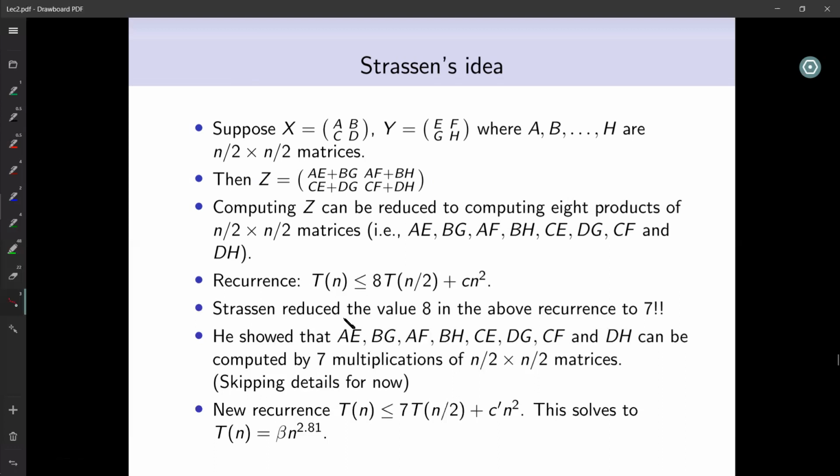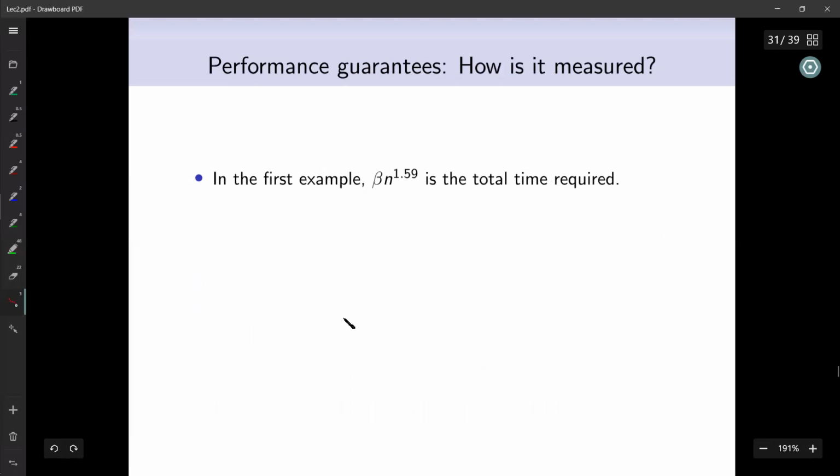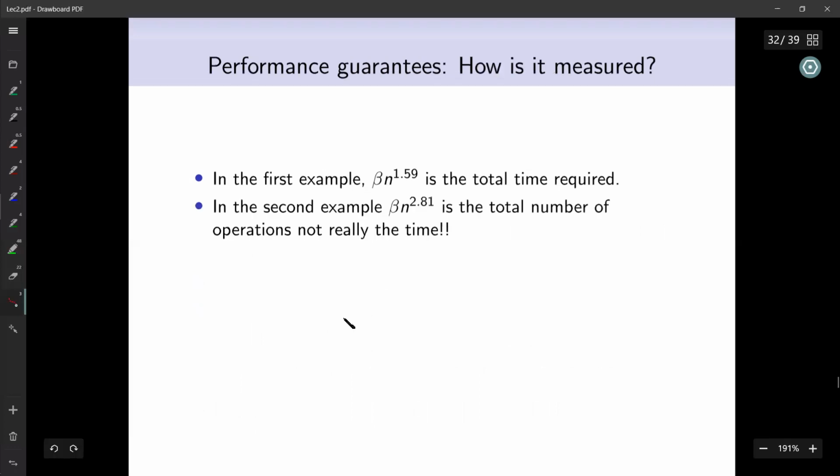For the rest of the lecture today, we'll just quickly see what kind of analysis or study of algorithms we are going to do. The first thing is, let's compare the two examples. In the first example, we said the running time is n to the 1.59, which is the total time required.